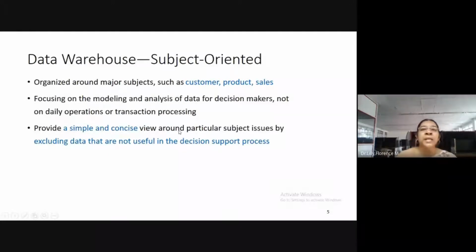Mainly a data warehouse is only for decision making. So data which is not helpful for decision making will not be included in the data warehouse. So the first keyword is subject oriented. The specific data about a particular organization, industry or enterprise will be in the data warehouse.